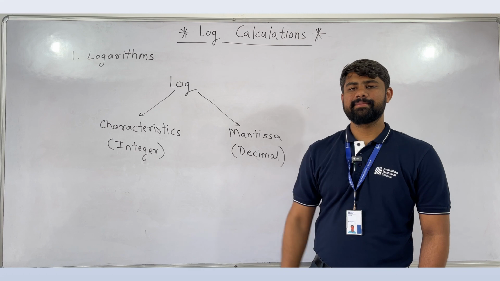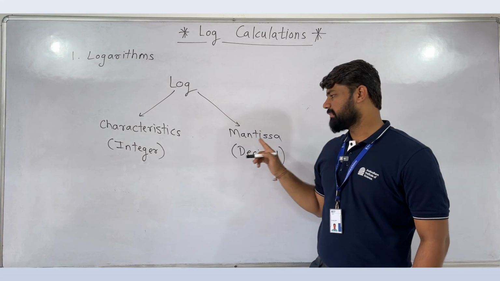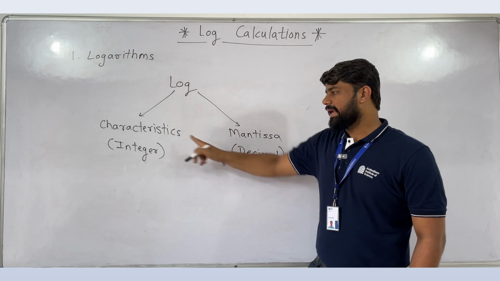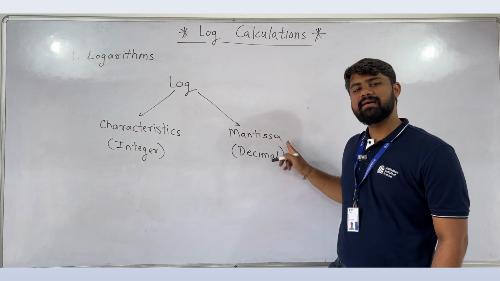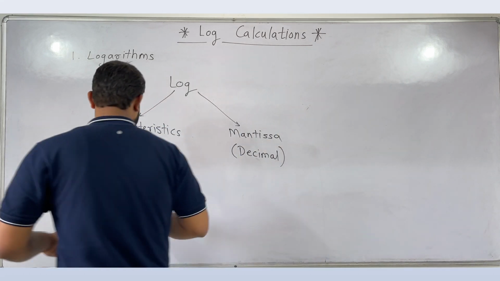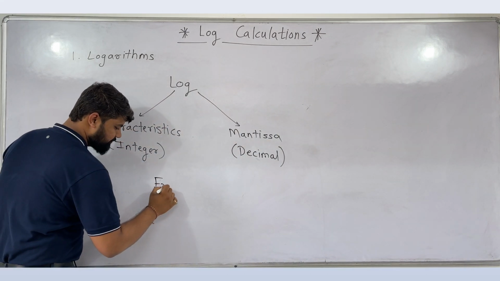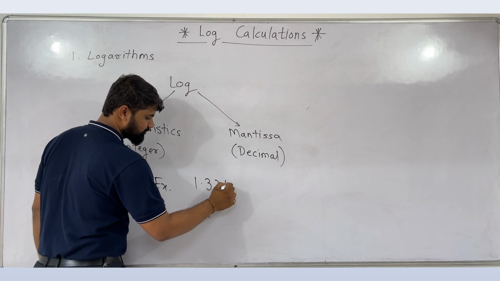Log of a number basically consists of 2 parts. One part is characteristic and another part is mantissa. Characteristic is the integer part of a log, while mantissa is the decimal part of a log. Let's see with an example. Let's say we have a log 1.3246.